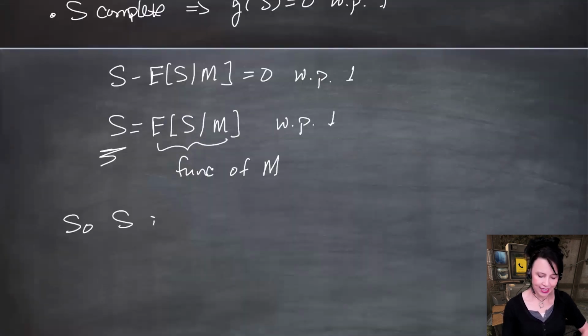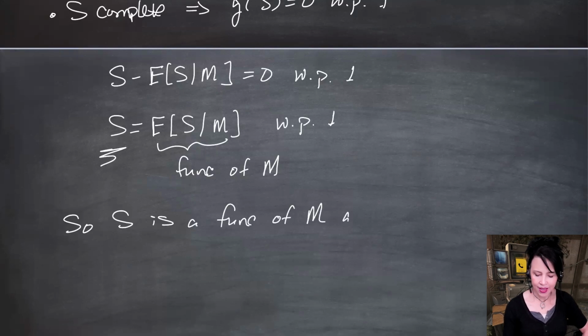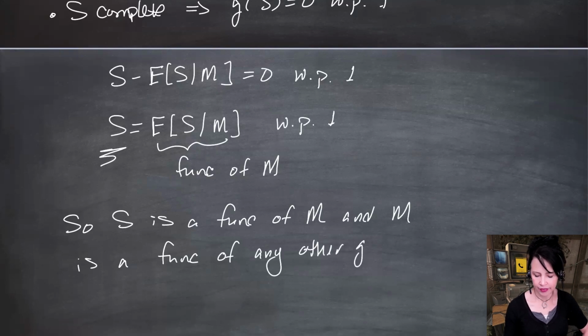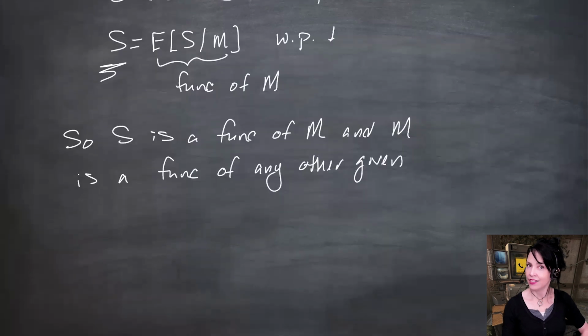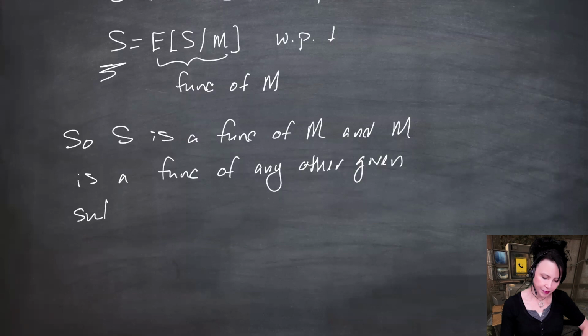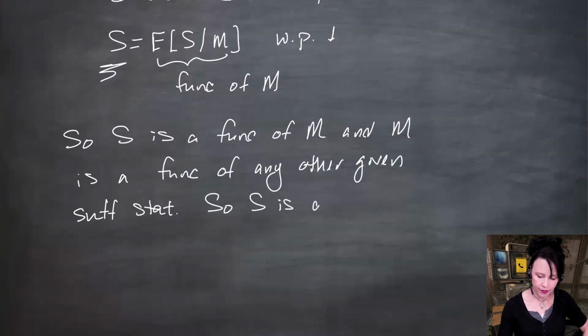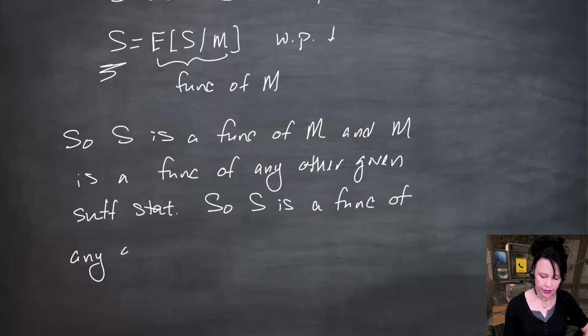So S is a function of M, and M is a function of any other given sufficient statistic. So S is sufficient and a function of every other given sufficient statistic. So S is a function of any other sufficient statistic.